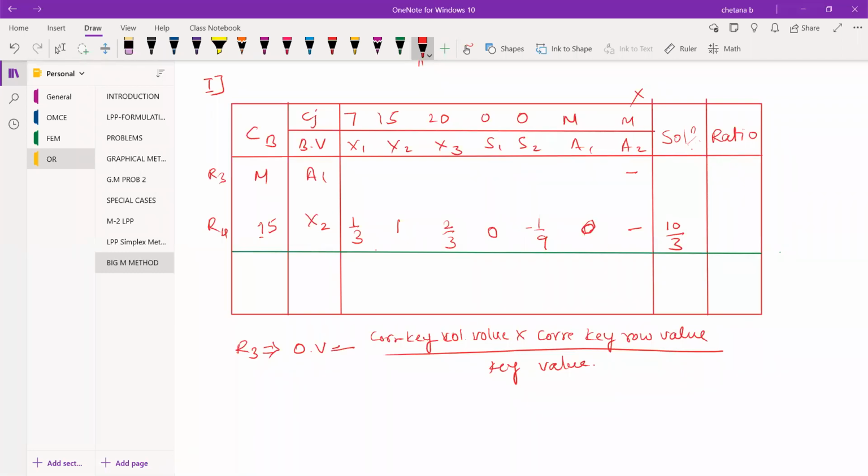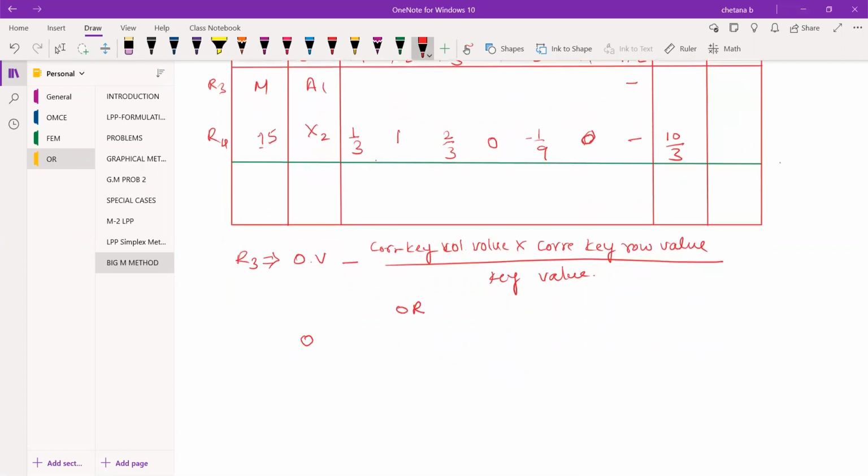Not a change exactly, but this is a minus sign, no? The same equation I can write in the other way also. That is, old value minus corresponding key column value as it is into R4.